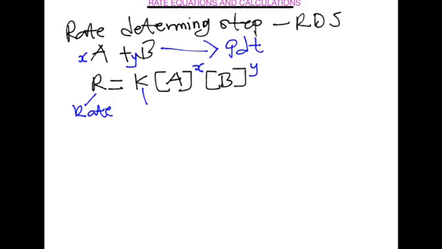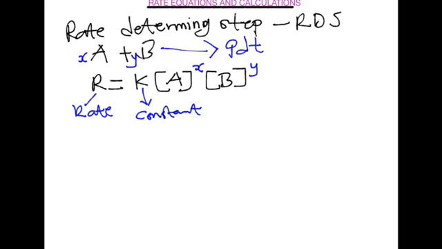Alright, so we look at that and we said the R here is our rate, the K is a specific rate constant, and then the A and B are the reactants, and then we have the X and the Y being their moles.